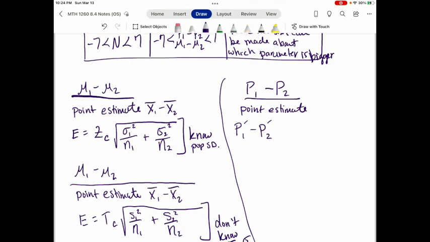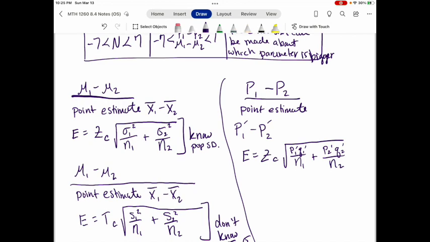So just like before, we're going to add and subtract the error from our point estimate. Now to get your error, you're going to take your z critical times the square root of your P1, Q1 divided by your first sample size, and then you're going to take your P2, Q2 over your N2, square root it and multiply by the critical value.